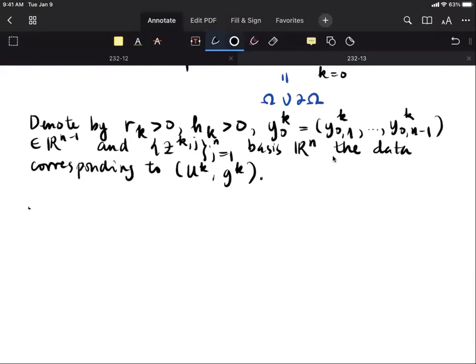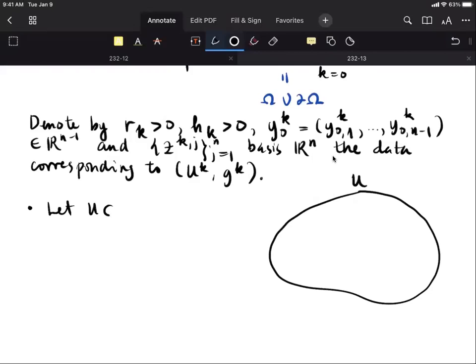Okay, so consider an open set U, which will be either of these sets here, and a positive epsilon.